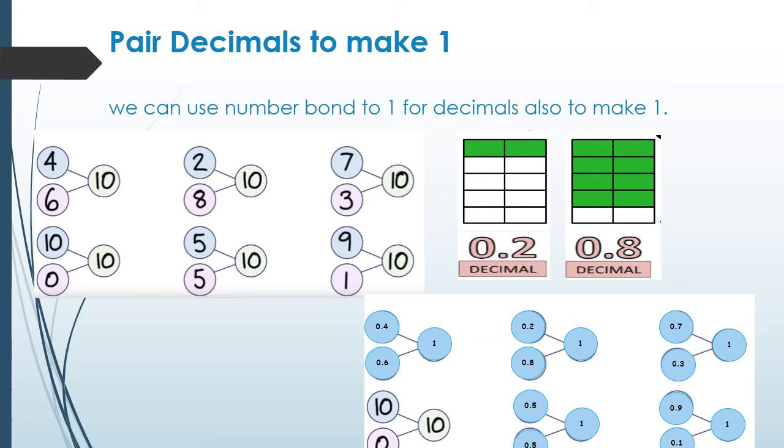So decimals work the same as whole numbers. The numbers that make 10 are the same numbers that make 1 in the decimals. For example, 4 plus 6 equals 10, and 0.4 plus 0.6 equals 1 whole number.